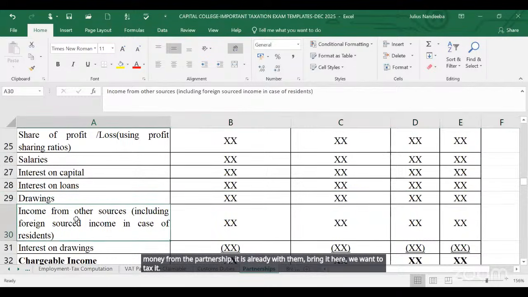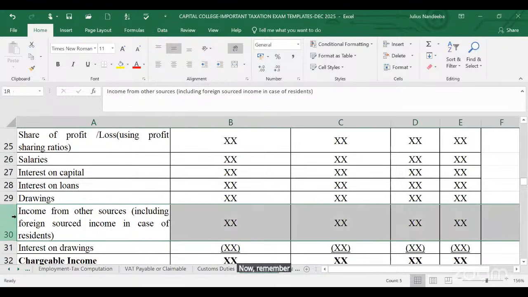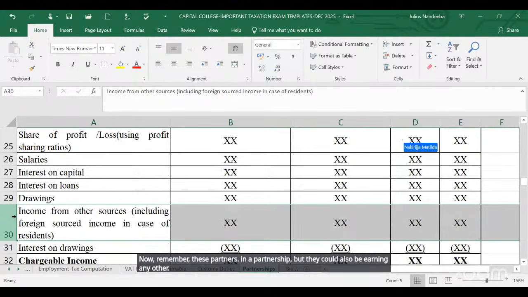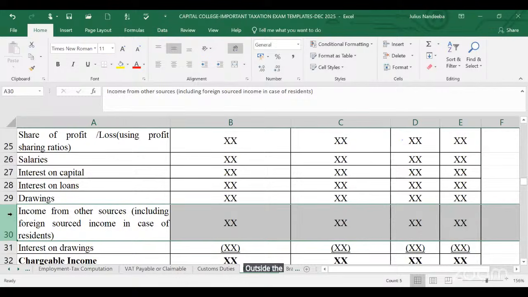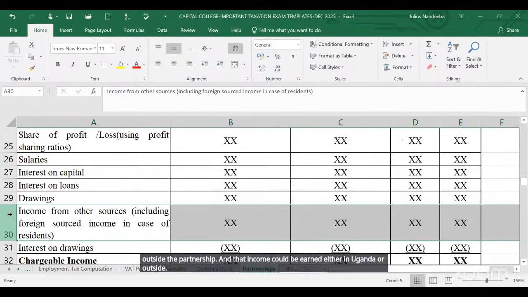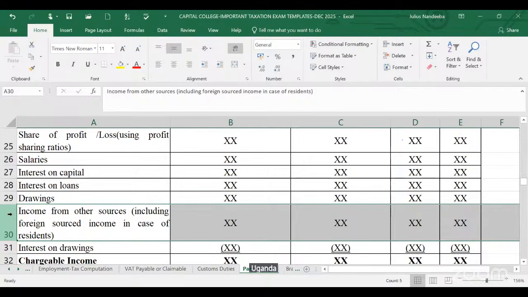Now, remember, these partners are in the partnership, but they could also be earning any other income outside the partnership. And that income could be earned either in Uganda or outside Uganda. Now, when that income is not among the 4, remember the 4?